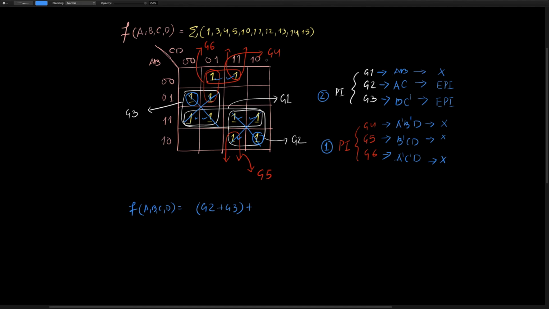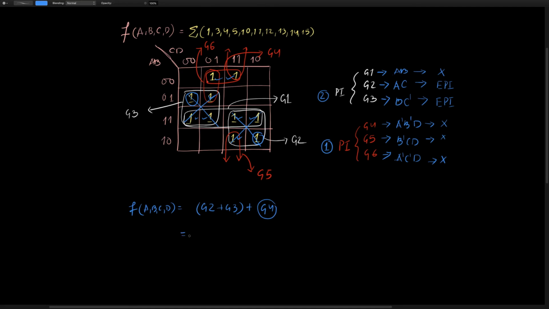If we consider G4, then these two ones are simultaneously considered. If we don't want G4, we can combine multiple groups, but that will increase your final expression. So by choosing G4, we're going to simultaneously consider the last two ones.